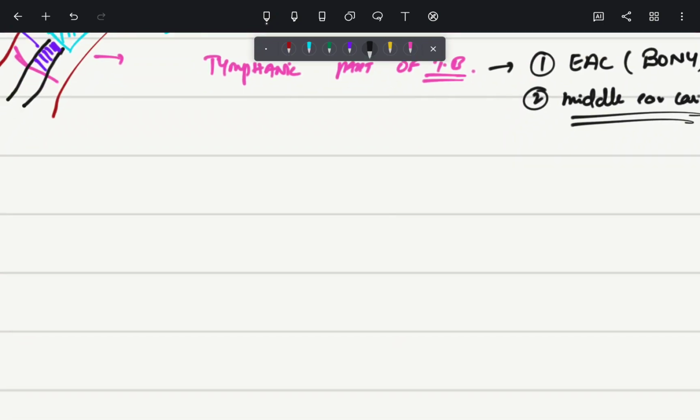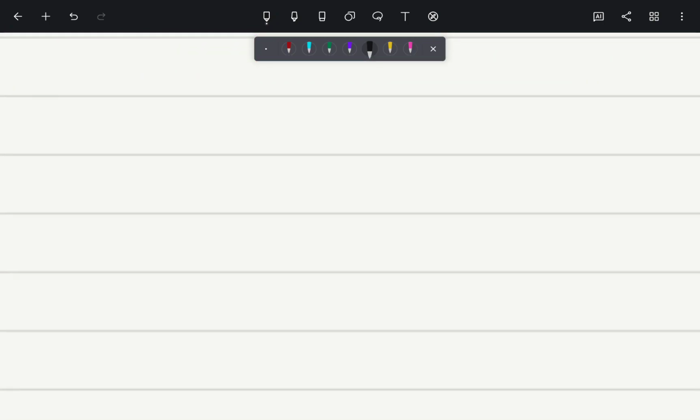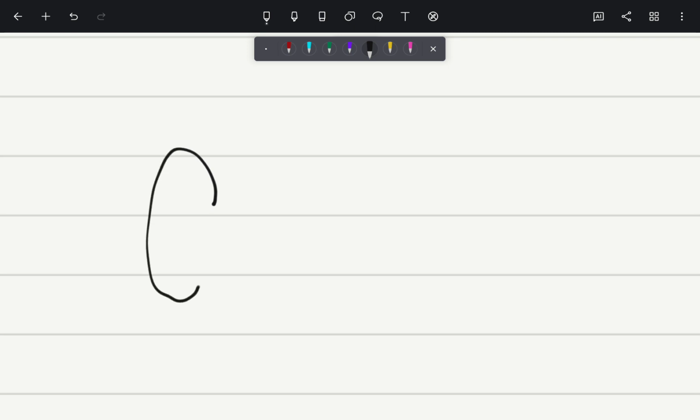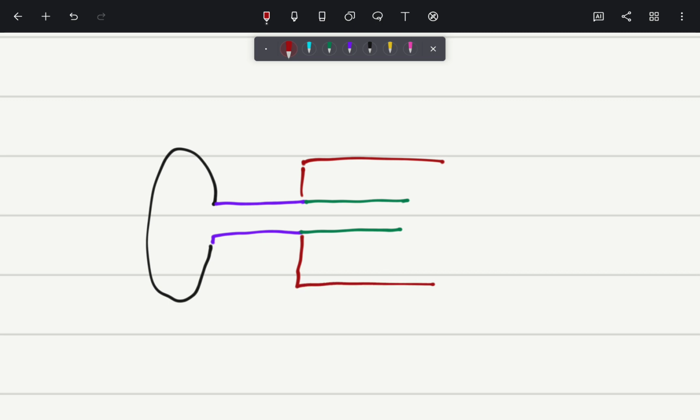Now we will see what is happening in malignant otitis externa. Again, this is the pinna, and here is your external auditory canal, with the cartilaginous part and the bony part. I already told you that this bony part is present in the temporal bone, especially the tympanic part.